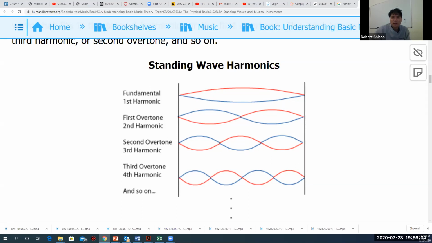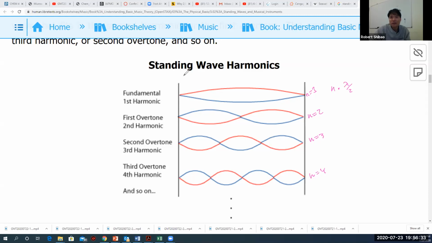And so we can see that musical instruments are naturally quantized by n times lambda over 2, where n equals 1, so we have 1/2 wavelength. N equals 2, so we have 2 half wavelengths. N equals 3, 3 half wavelengths. N equals 4, 4 half wavelengths, like that.